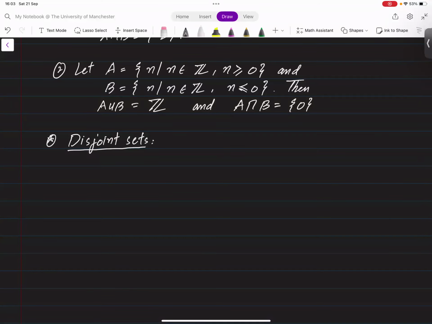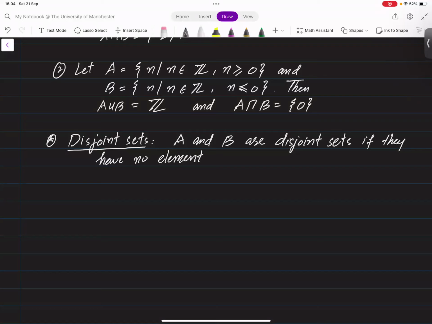We say that A and B are disjoint sets if they have no elements in common, that is, their intersection is phi, the empty set. Okay.